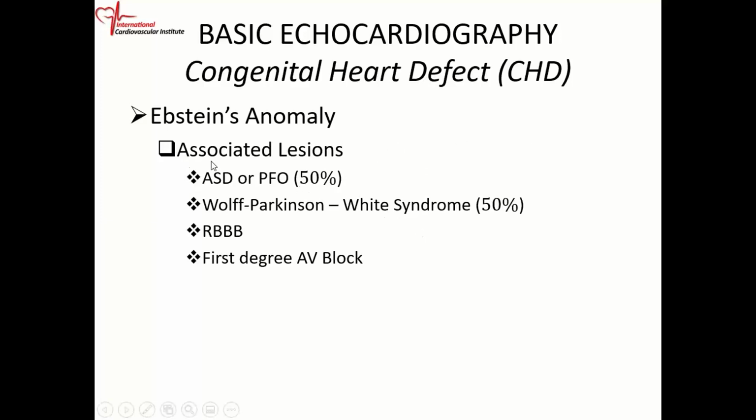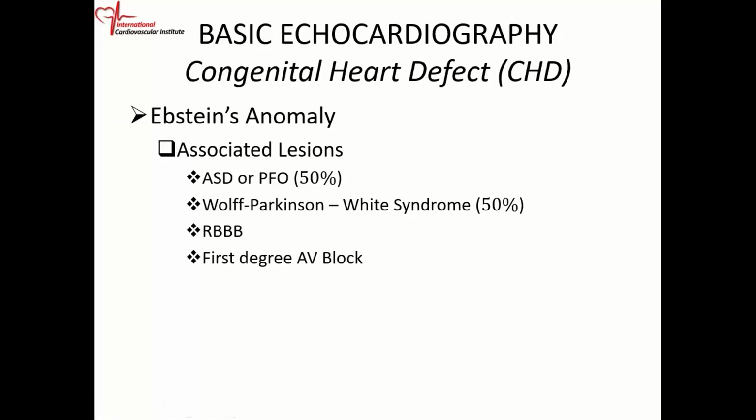So what are some of the associated conditions or lesions associated with an Ebstein anomaly? An atrial septal defect or a PFO occurs in about 50% of these patients. So an ASD or a PFO is very common. A lot of these patients have Wolff-Parkinson-White syndrome.